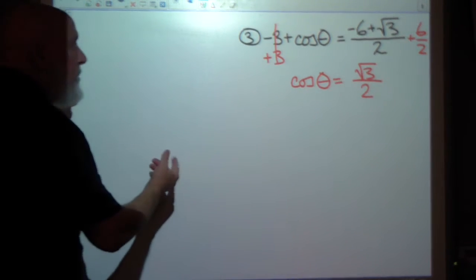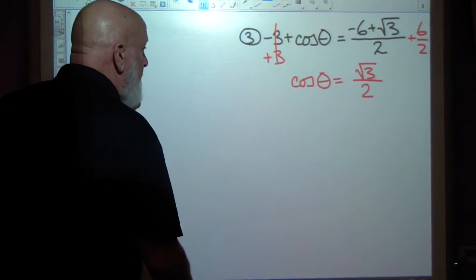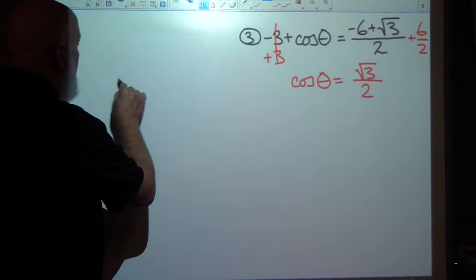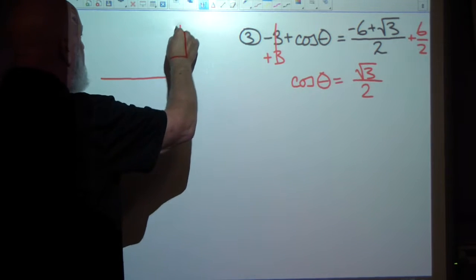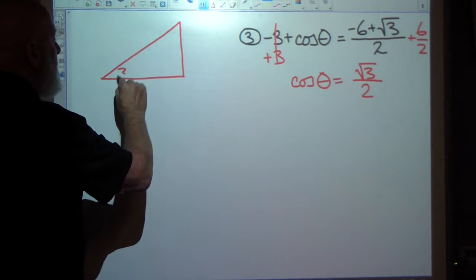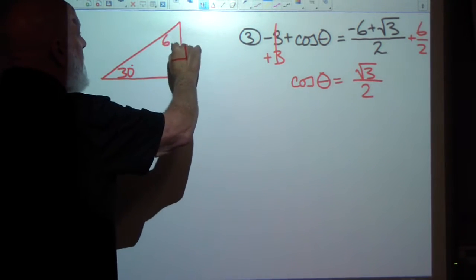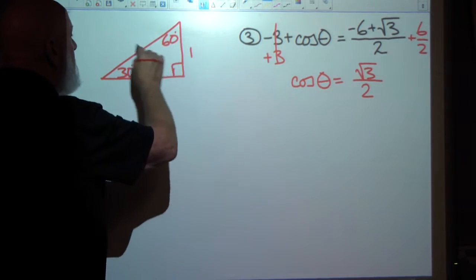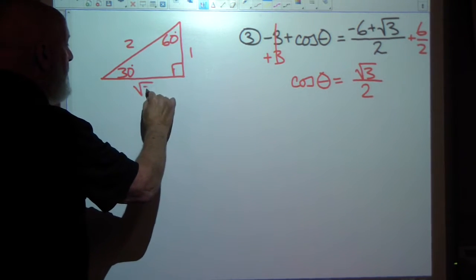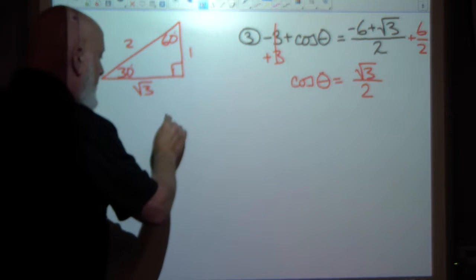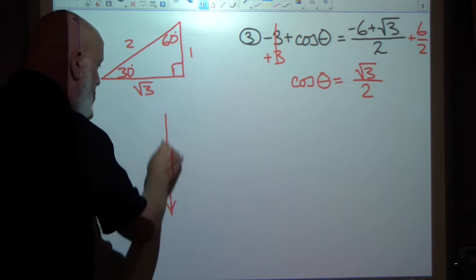And radical 3 over 2 tells me that I'm going to be using a special case triangle. So here we go. I'm going to draw my special case triangle. 30, 60, right triangle, 1, 2, radical 3. And I've got to remember which quadrants I'm in.